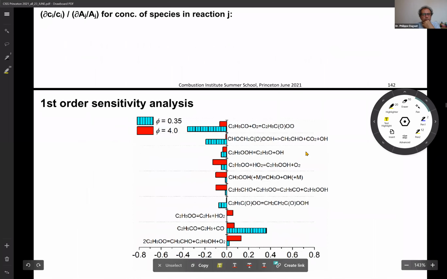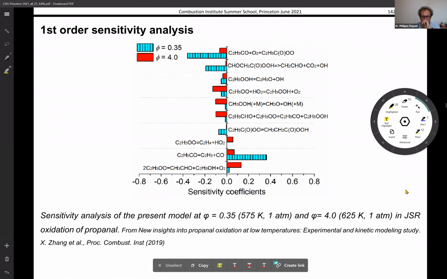So this is another example of the use of sensitivity analysis to figure out, when you vary significantly the equivalence ratio, are the sensitive or influential reactions the same, or are they different?